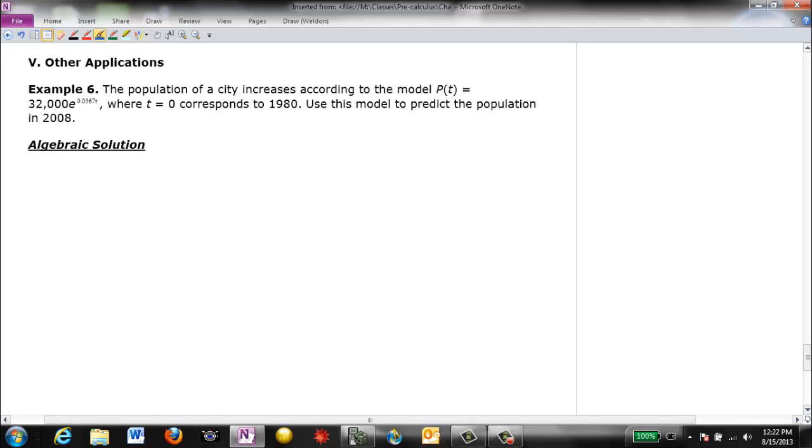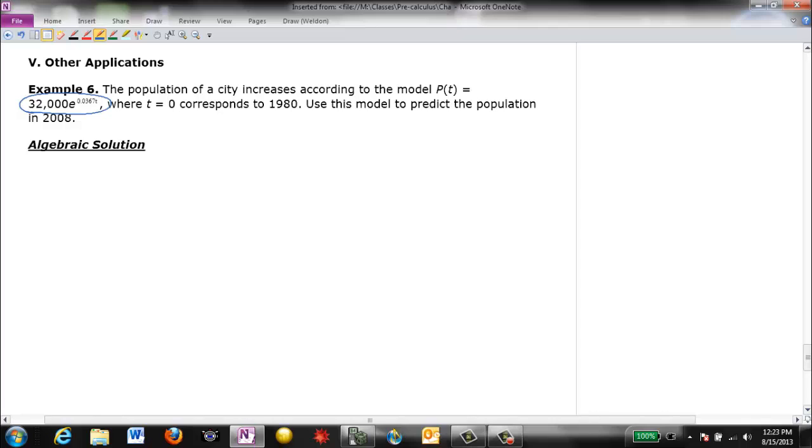If you look at the model that they give us in this problem, 32,000 times e raised to the 0.0367t looks a lot like PERT. This is because PERT is not just applicable in banking, it's applicable in a lot of different situations. Anything that has any kind of exponential growth most likely uses a model similar to PERT.